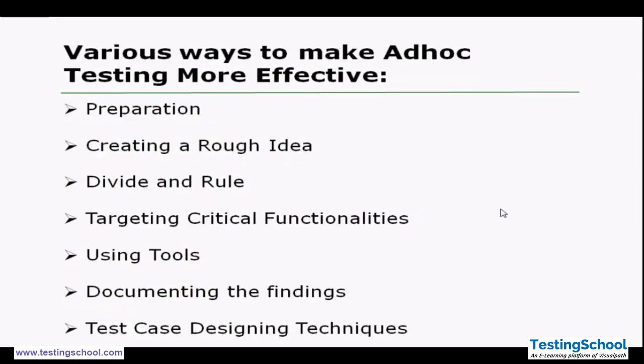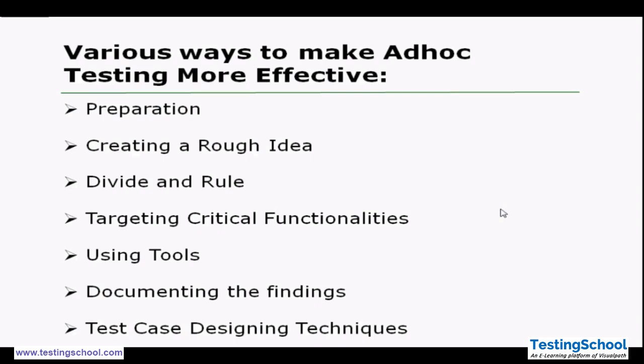So how can you make your ad hoc testing more effective? You can do some preparation, like what you will do in your testing, creating a rough idea. Divide and rule: you can break the system and find the defect. Target the critical functionalities.